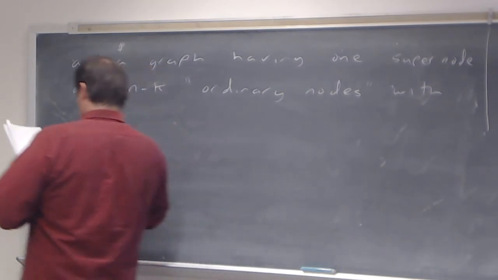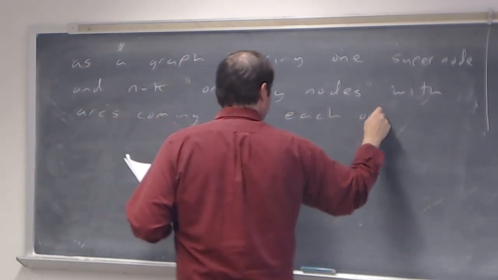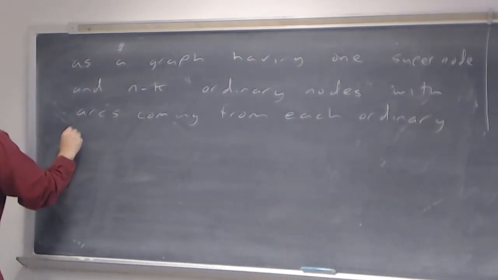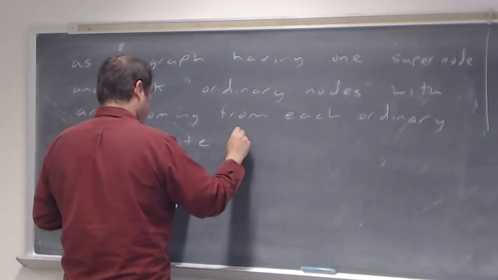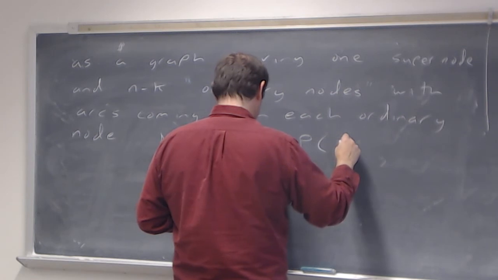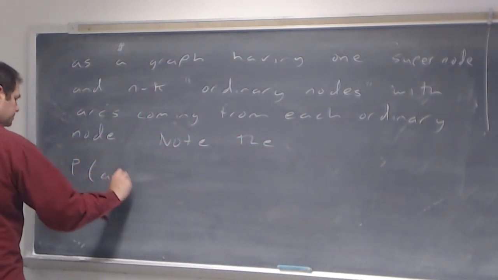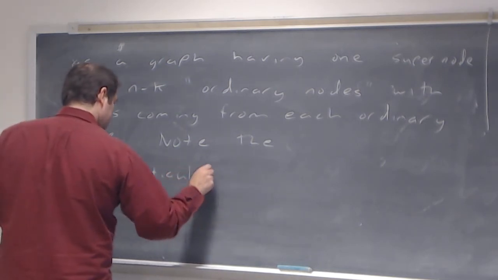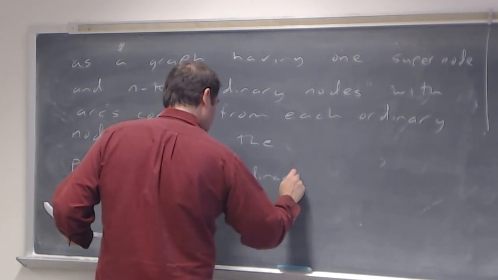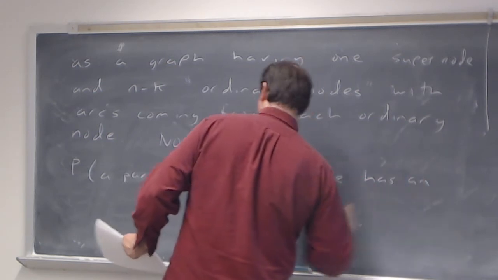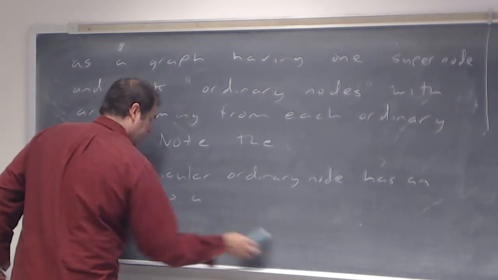With arcs coming from each ordinary node, we'll note the probability that a particular ordinary node has an arc to the supernode.